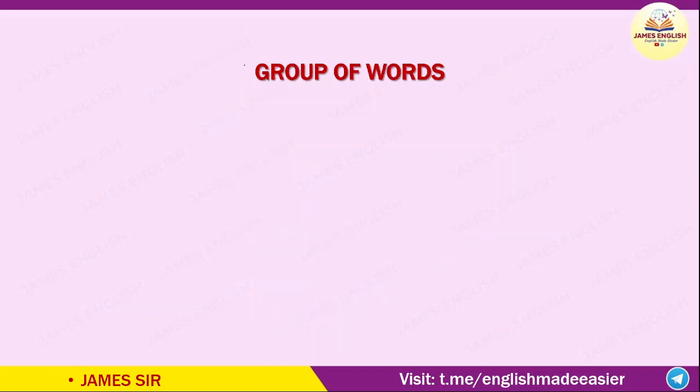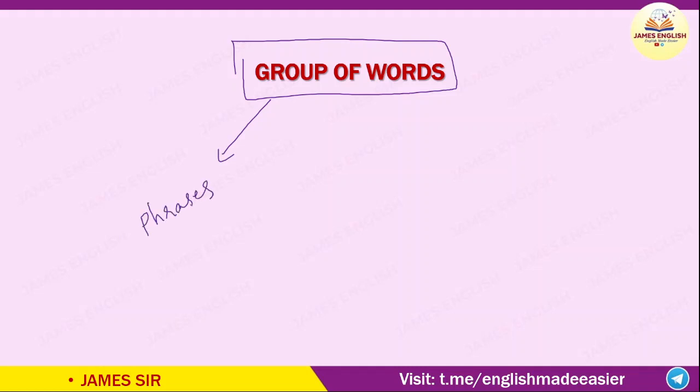And these group of words can be of three types. What are they? First one is phrases. Second one is clauses. And the third one is sentences. When you keep words in a particular order, we get a group of words, and those group of words can become what?